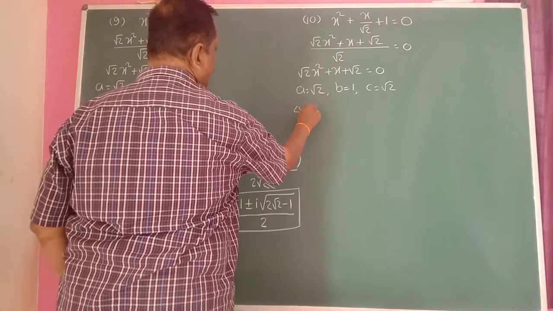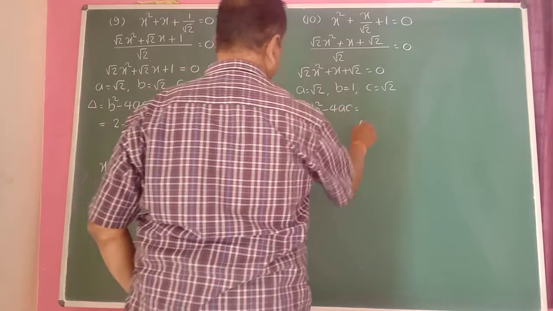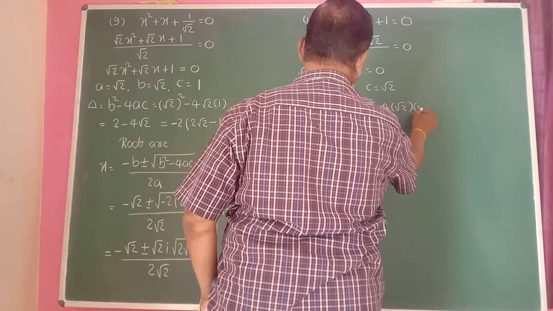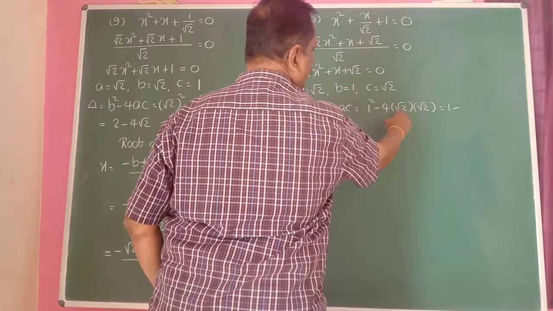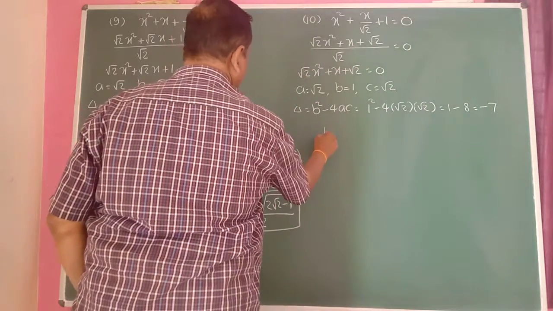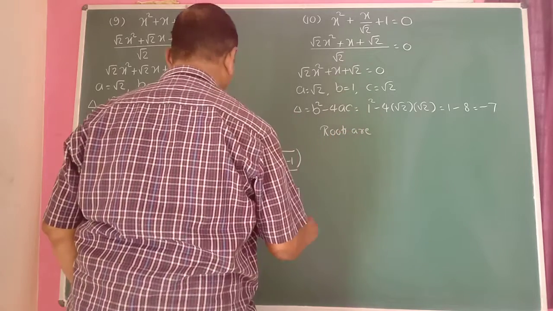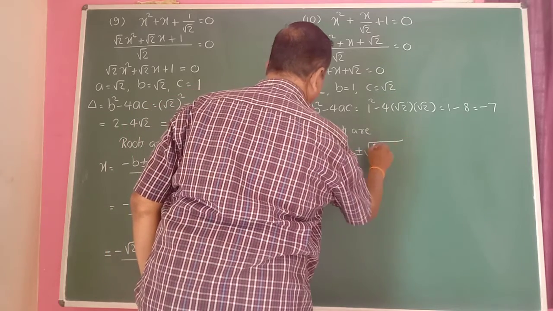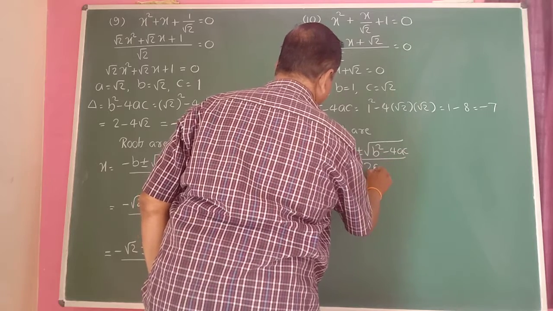Then the discriminant delta is equal to b square minus 4ac. It gives 1 square minus 4 into root 2 into root 2 here. Then 1 square is 1. Root 2 into root 2 is 2, 2 fours are 8, so it is minus of 7. Therefore, roots are given by x is equal to minus b plus or minus root of b square minus of 4ac divided by 2 into a.